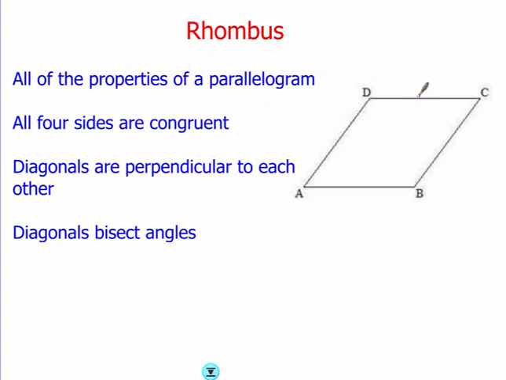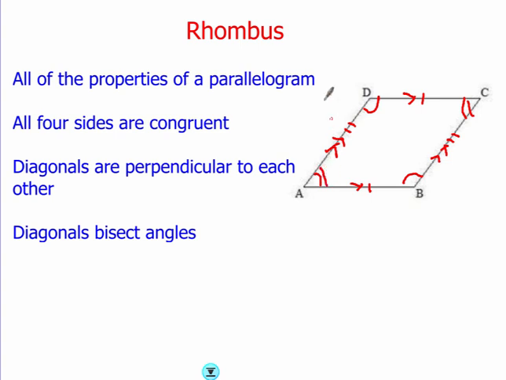So once again, all of our parallelogram properties are true again. Opposite sides are parallel and congruent. Opposite angles are congruent. Consecutive angles are supplementary.